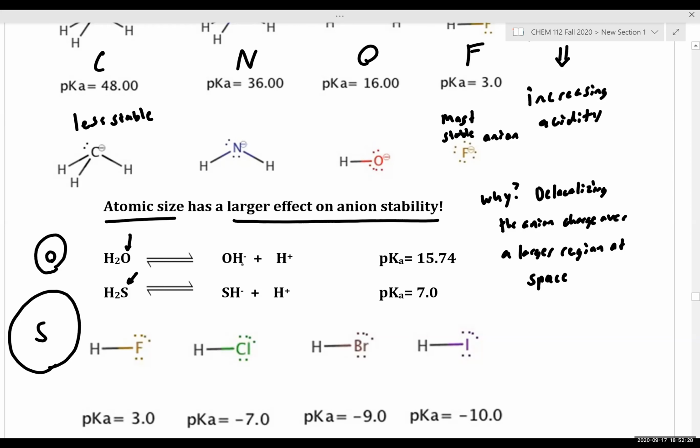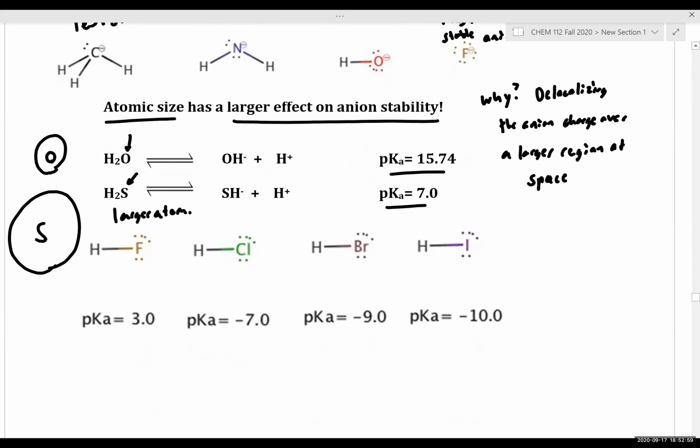And as a result, hydrogen sulfide is orders of magnitude more acidic because sulfur is a larger atom. So atom effects play a much bigger role than electronegativity. Because the larger your atom, the more readily you can stabilize and delocalize your negative charge.